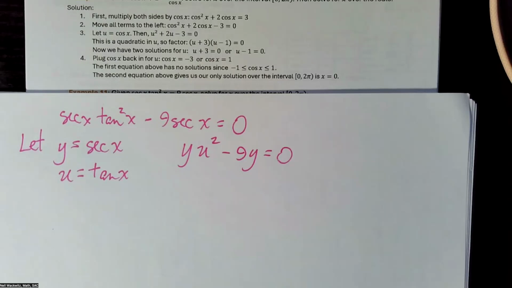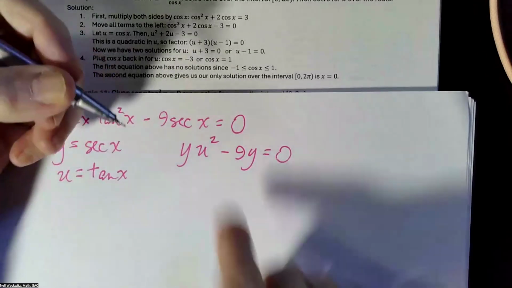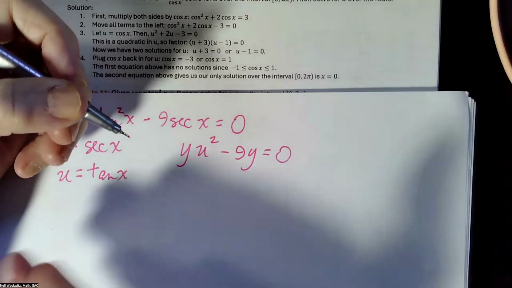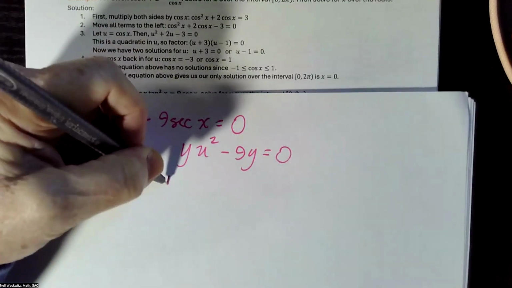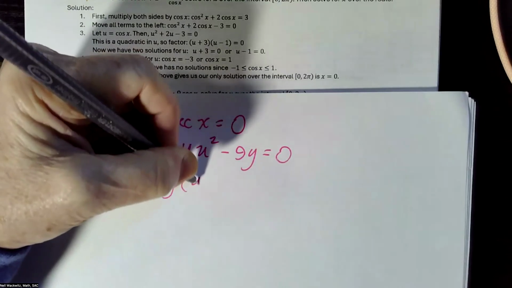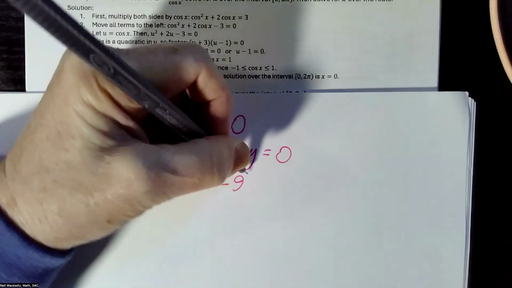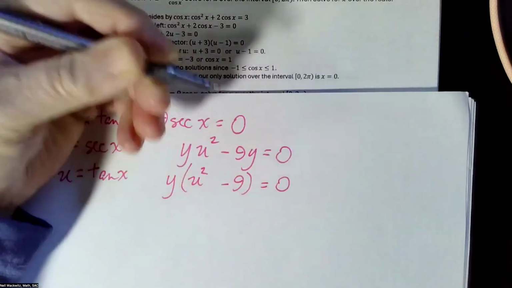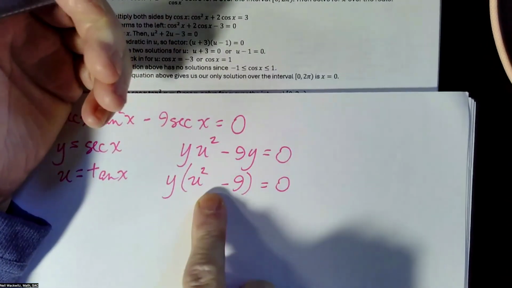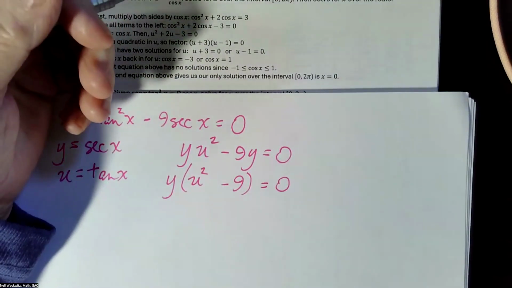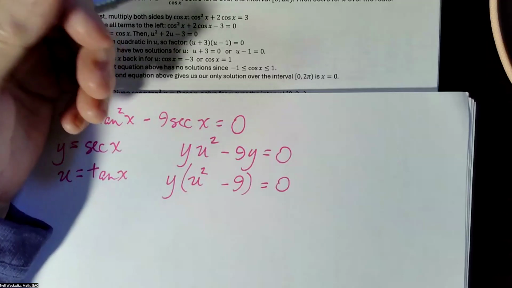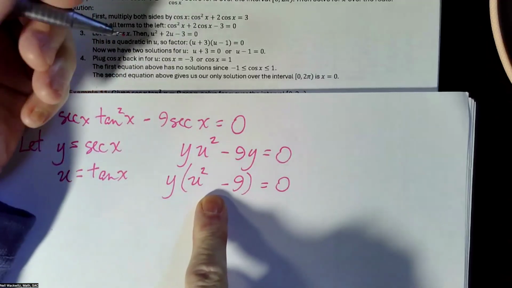Okay, let's try factoring. So we've got a y in common. I'm just going to factor the y out. Now we've got u squared minus 9 equals 0. And u squared minus 9, I know how to factor that. That's the difference of two squares.